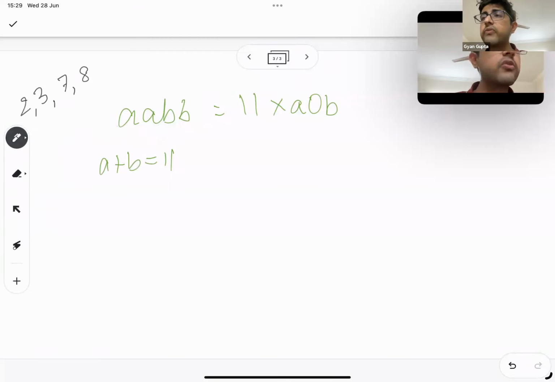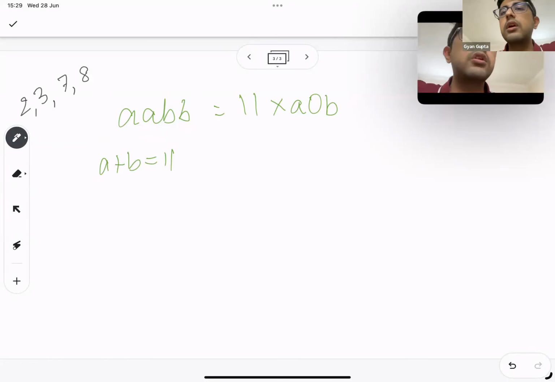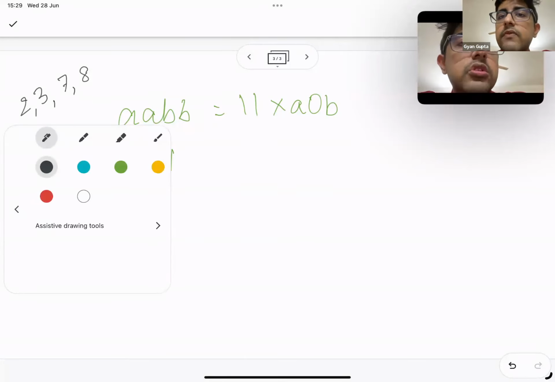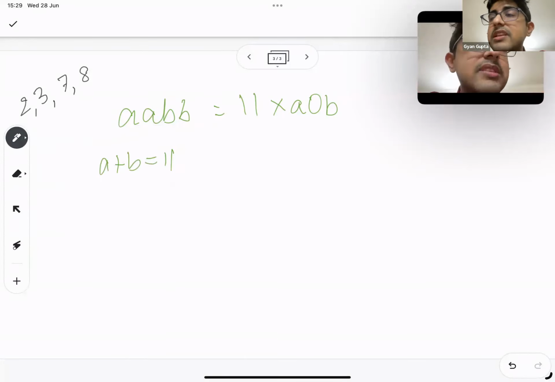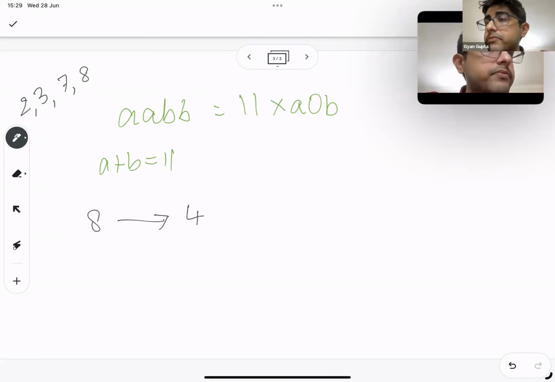You can check any perfect square. They will not have the units digit as 2, 3, 7, and 8, which brings us further, and we reduce A plus B equal to 11 from 8 probable answers to 4 probable answers.